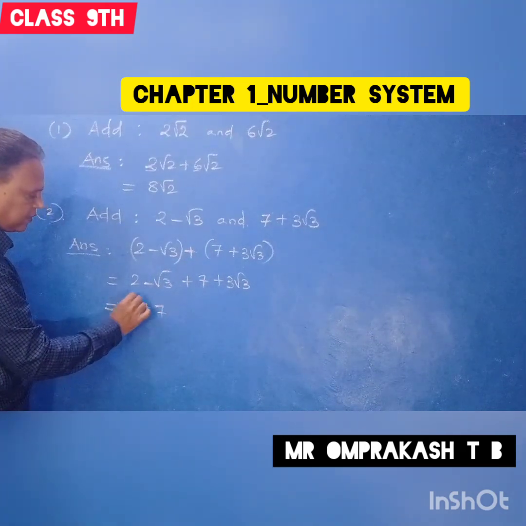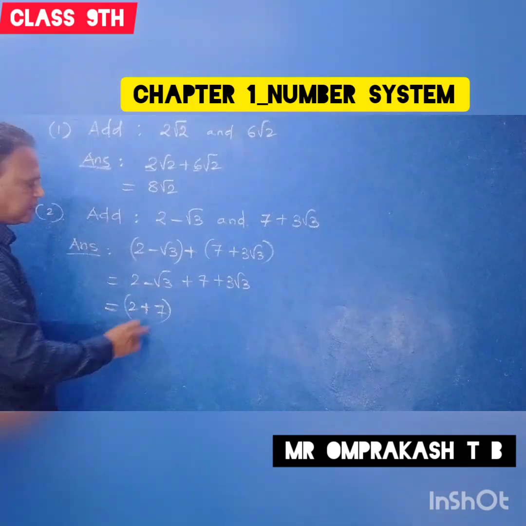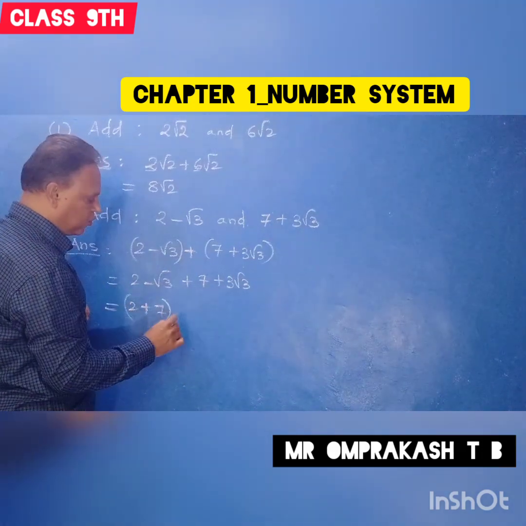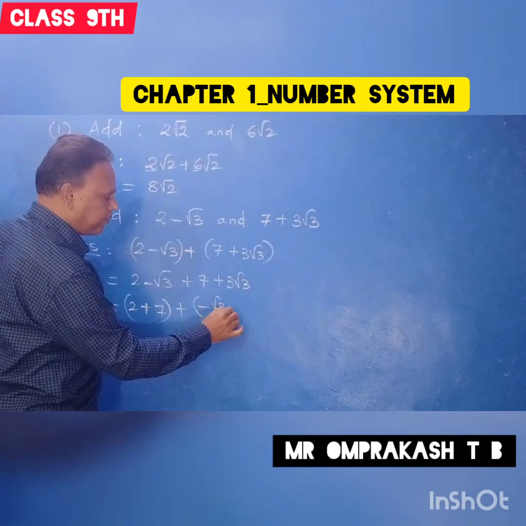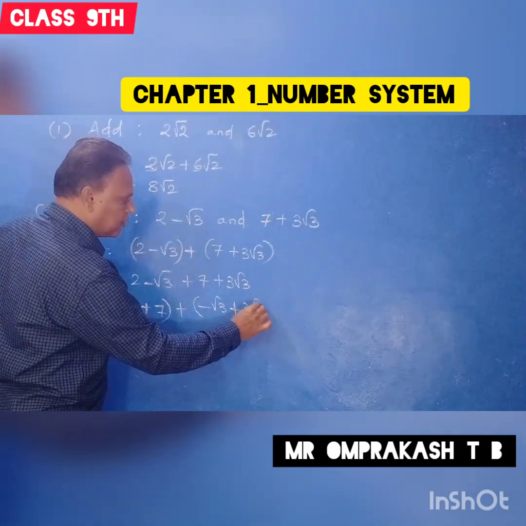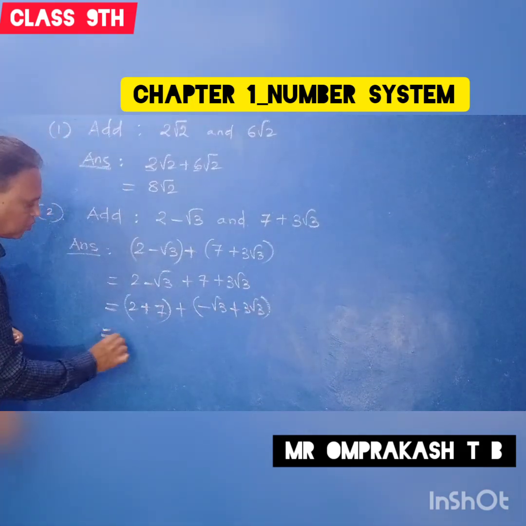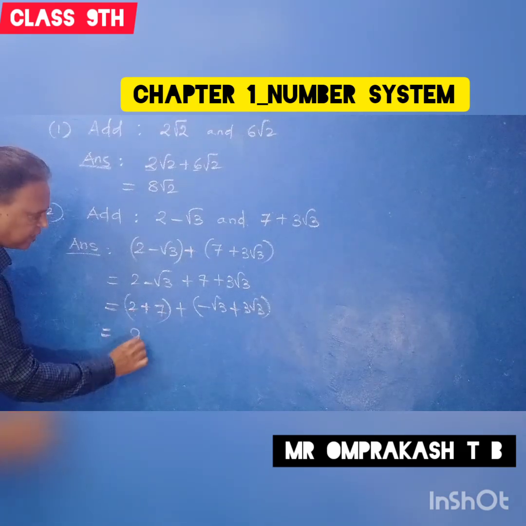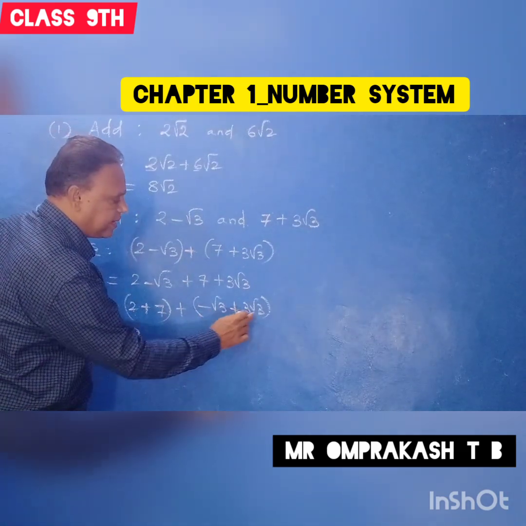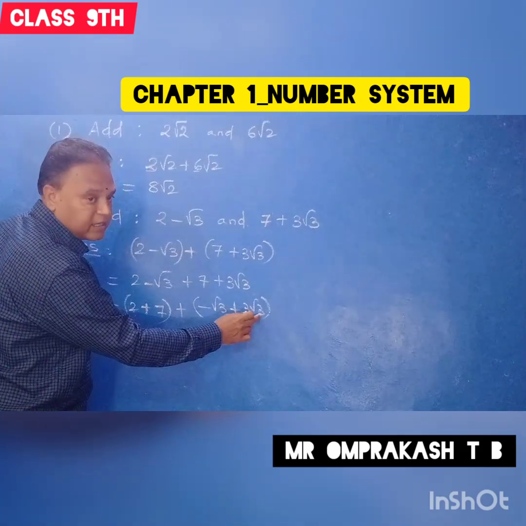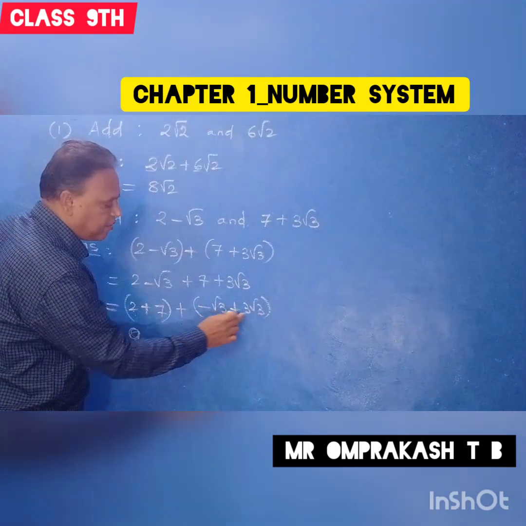Then the irrational numbers you group, that is minus root 3 plus 3 root 3. Now this much is 9. Here these are like terms, root 3. So now this can be added.